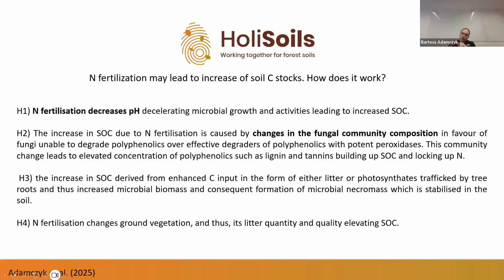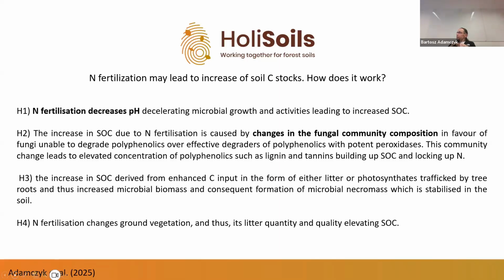So we built on the basis of literature and what we assumed, following 4 potential hypotheses, because quite often in papers you can find that nitrogen fertilization is increasing carbon content in the soil, so the carbon stock is higher. But why? The first hypothesis is that nitrogen fertilization can change the pH, but usually in practice in the forest there is also liming, so it's rather not possible.